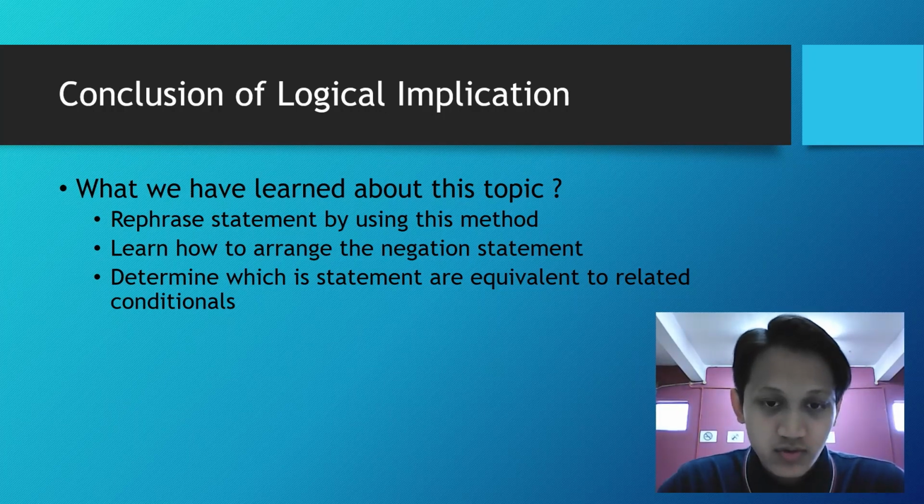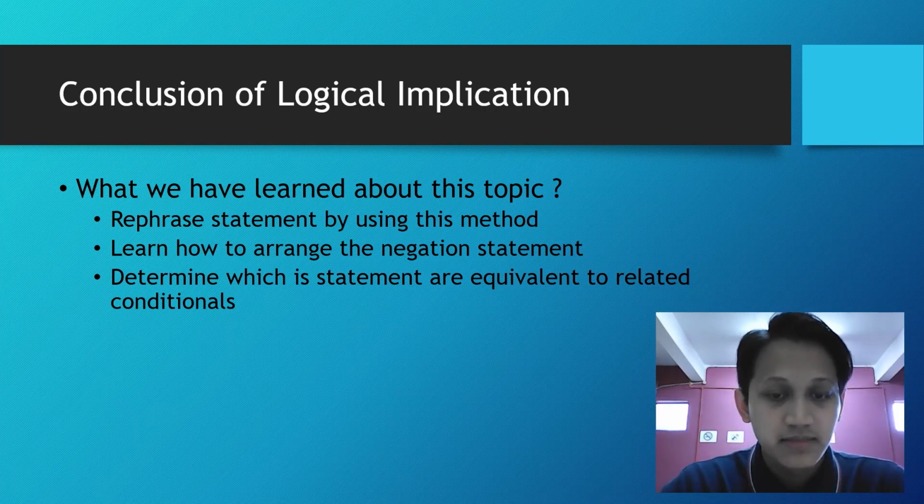We can also use a truth table to find the value. Also in this topic, we learned how to handle negation statements. If we find such a statement, we need to separate it into symbolic form. After that, we just expand and solve it.